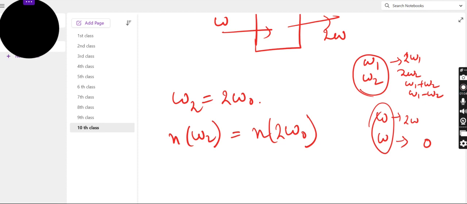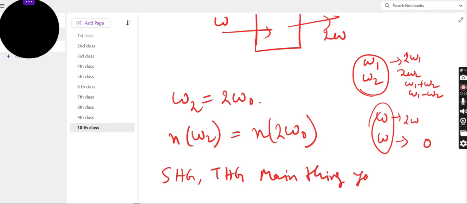That would be the case. So when this happens during SHG or other harmonic generation, the main thing you need to remember is conservation of energy and momentum, always.